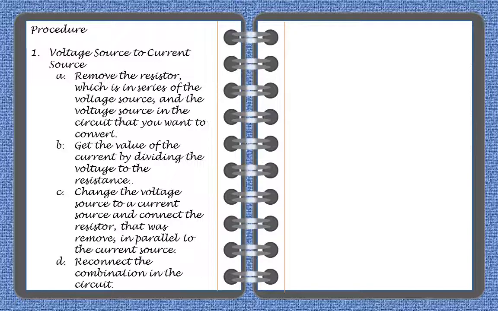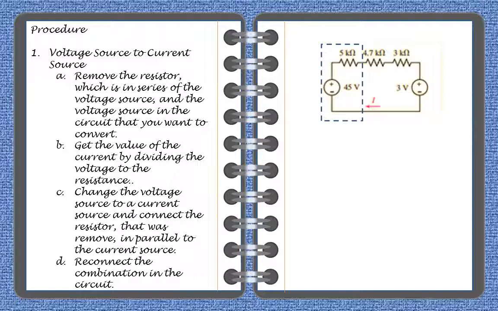So that we can understand more about it, let's have a simple example. For example, we have this circuit and we want to change the 45-volt voltage source into a current source. So we're going to take out the resistor which is in series with the voltage source.